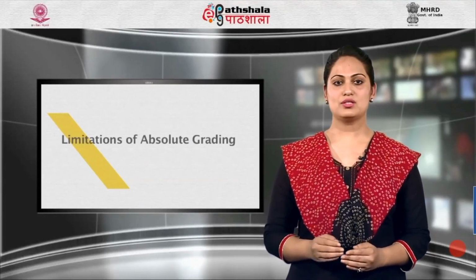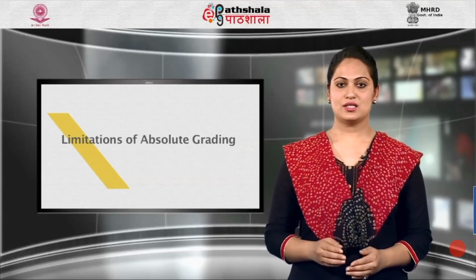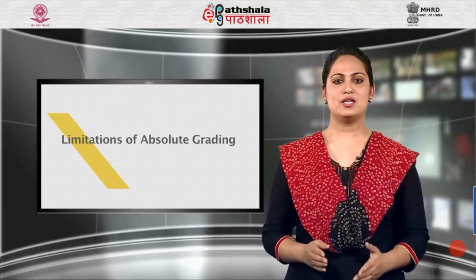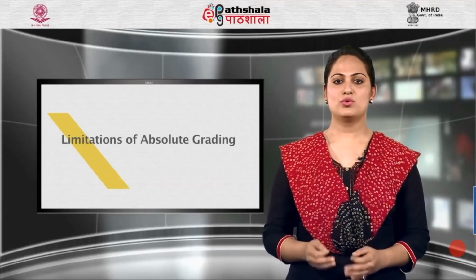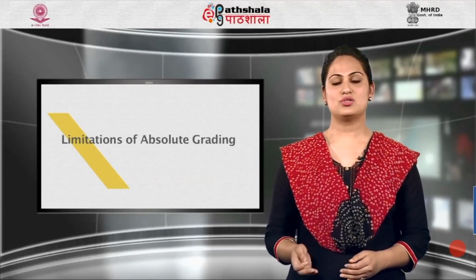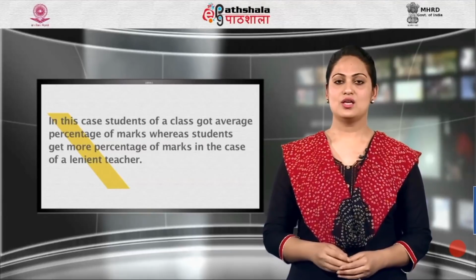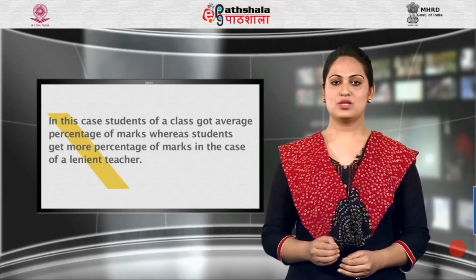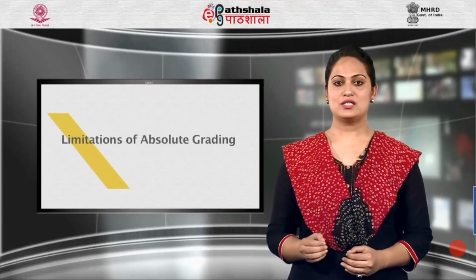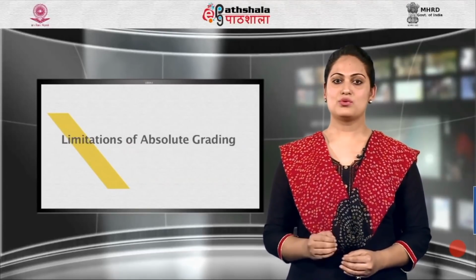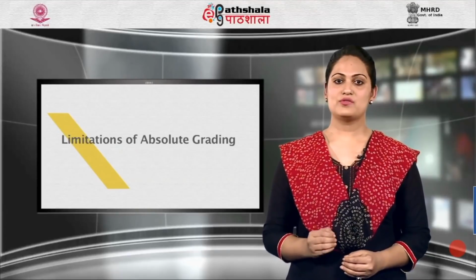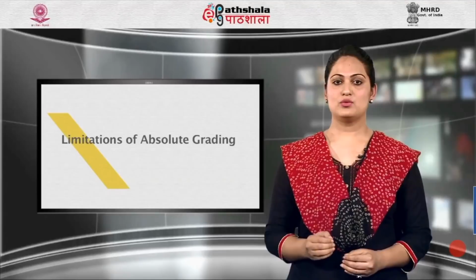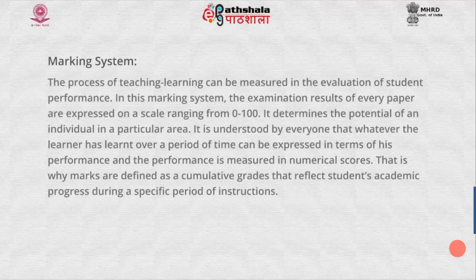It happens because sometimes the tests that are developed by the teachers are extremely difficult or relatively very easy, or some teachers are more rigorous in their grading compared to other teachers. In this case, students of one class get an average percentage of marks, whereas students get a higher percentage of marks in the case of a lenient teacher. Therefore, it is difficult to interpret or compare the meaning of scores based on an absolute standard in a consistent manner.